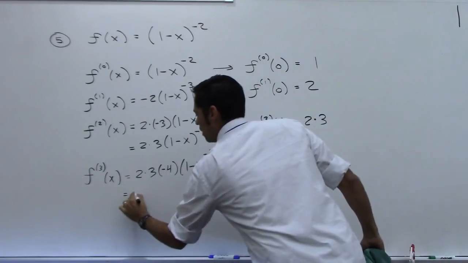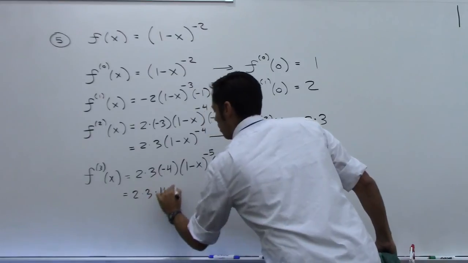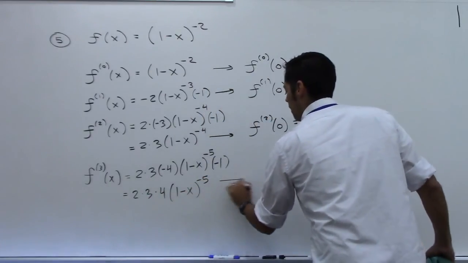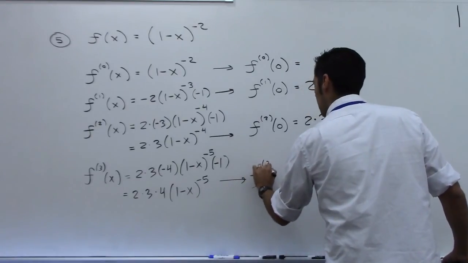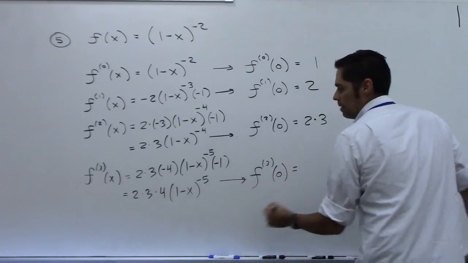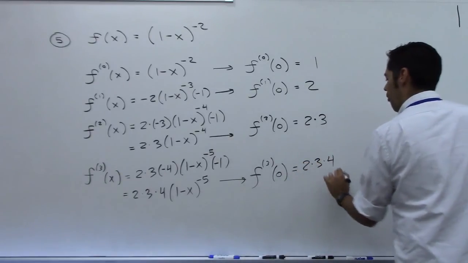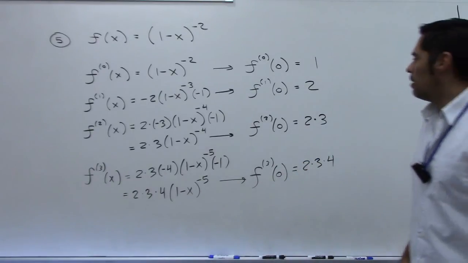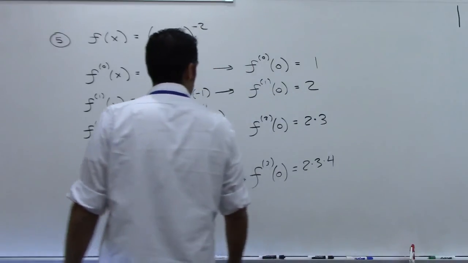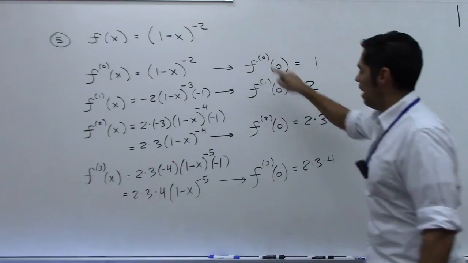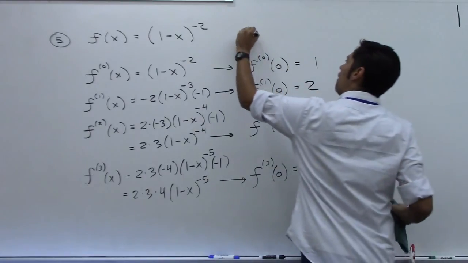So this is just going to be 2 times 3 times 4, (1 minus x) to the negative 5. And now if I plug in 0 into that, again, this is going to be 1, and we just get 2 times 3 times 4. And if we continue this, we'll see a pattern here, if we want to know what's happening at the nth derivative.